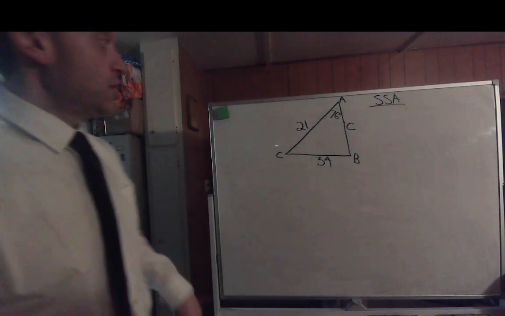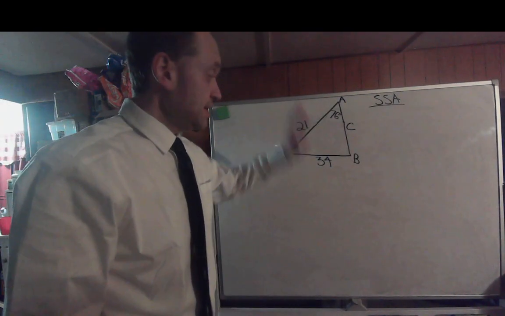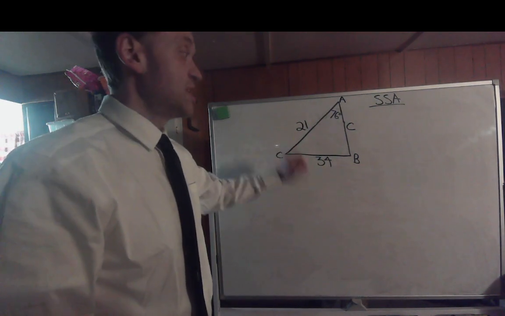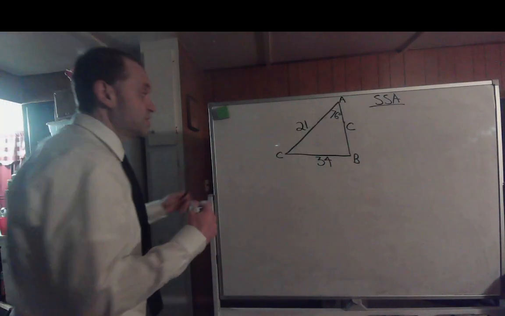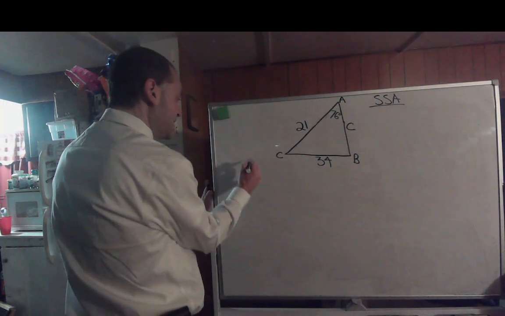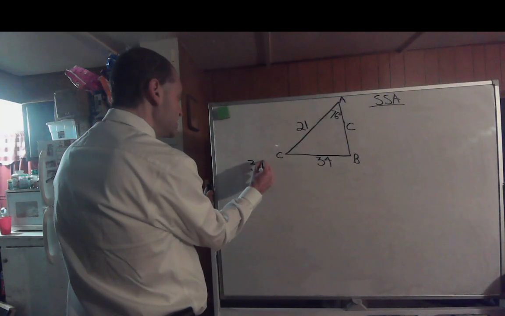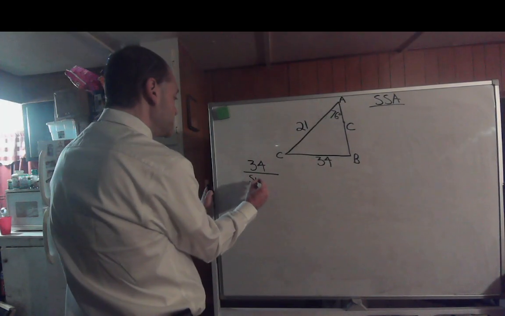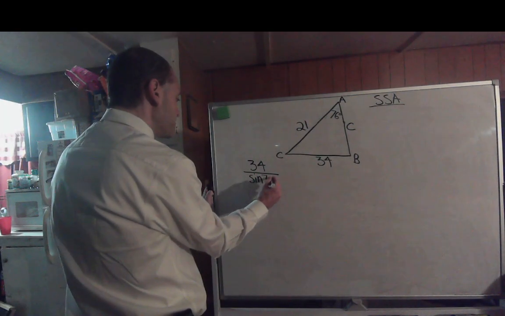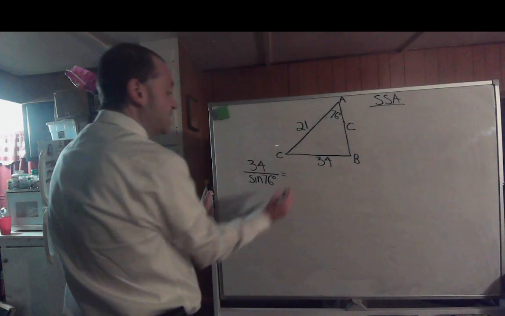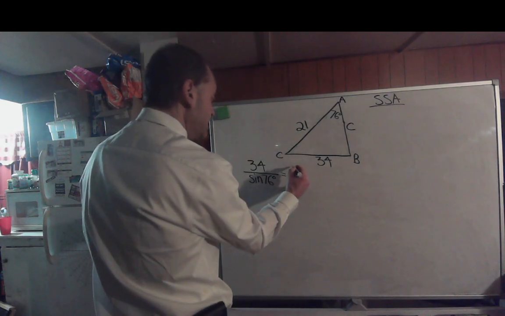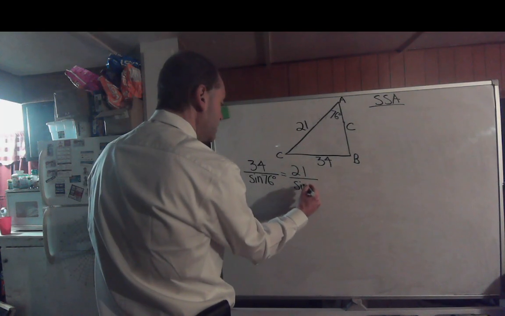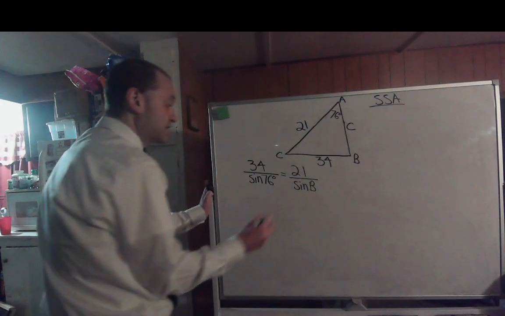Well, we know both angle A and side A. We only know side B, so that means we should definitely go for angle B first. So we can take that length of 34, which is side A, divide that by the sine of 76 degrees, set that equal to your length of side B, which is 21, divide that by the sine of angle B, which we don't know just yet.